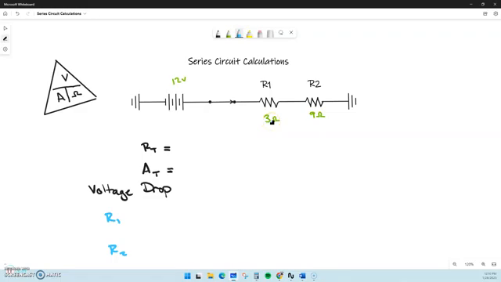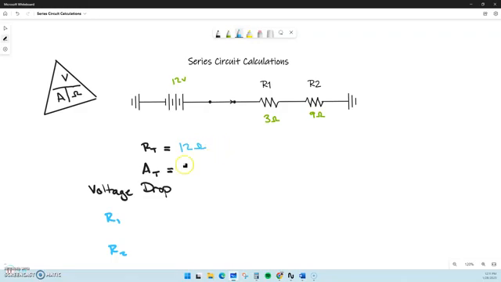To get the total circuit resistance of resistors in series, or this series circuit, you add the resistances together. It is the sum of these. And so the total circuit resistance in this case is going to be 12 ohms.